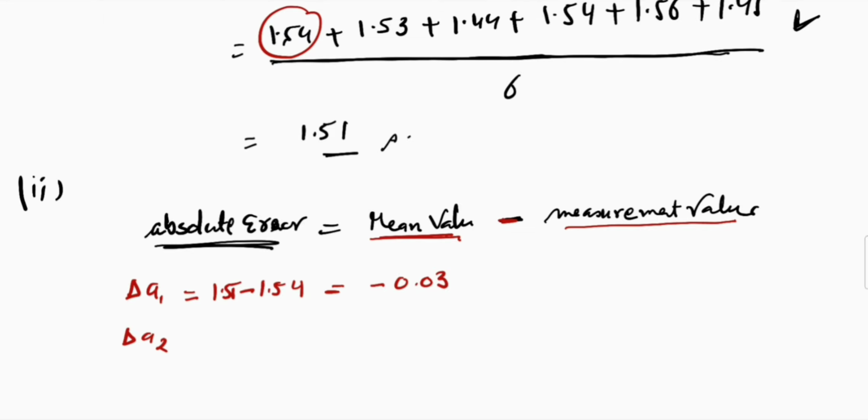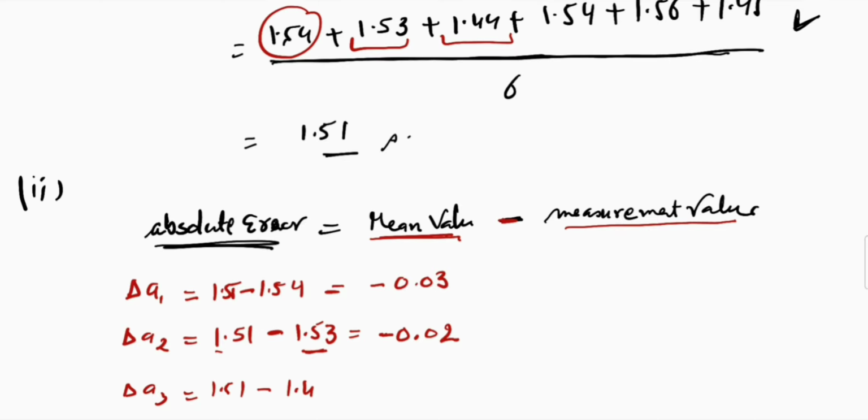Similarly, delta A2 is equal to mean value 1.51 minus A2, which is 1.53. So this will become equal to minus 0.02. Next, similarly, delta A3 will be equal to mean value 1.51 minus 1.44. If we subtract them, we'll get 0.07. Here plus sign will come.